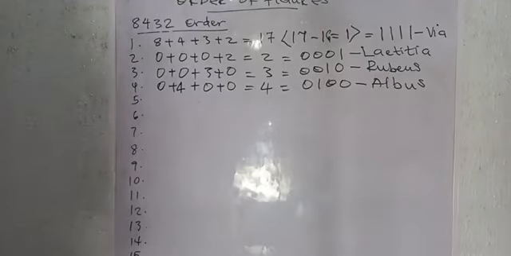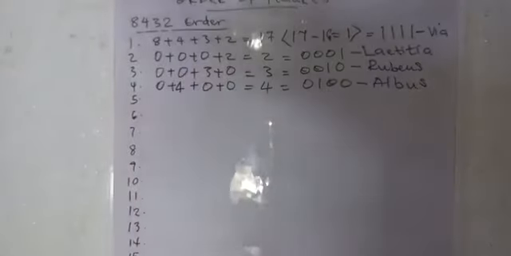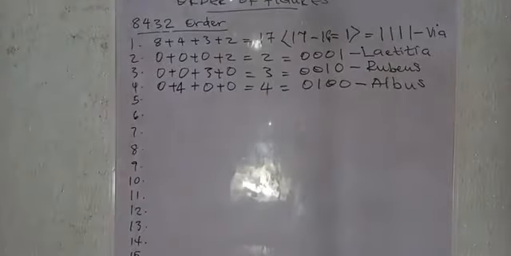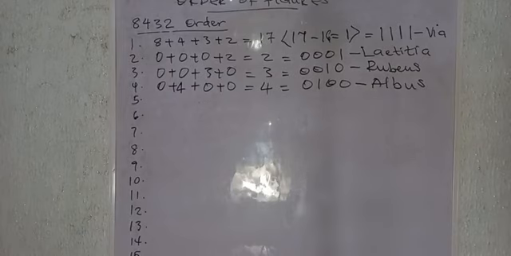Now, how do we get figure 5? I want somebody from the viewers to tell us the levels that we are going to open to get figure 5. What is going to be figure 5? What are the levels that we should open that we can get 5? Somebody should type from the viewers.